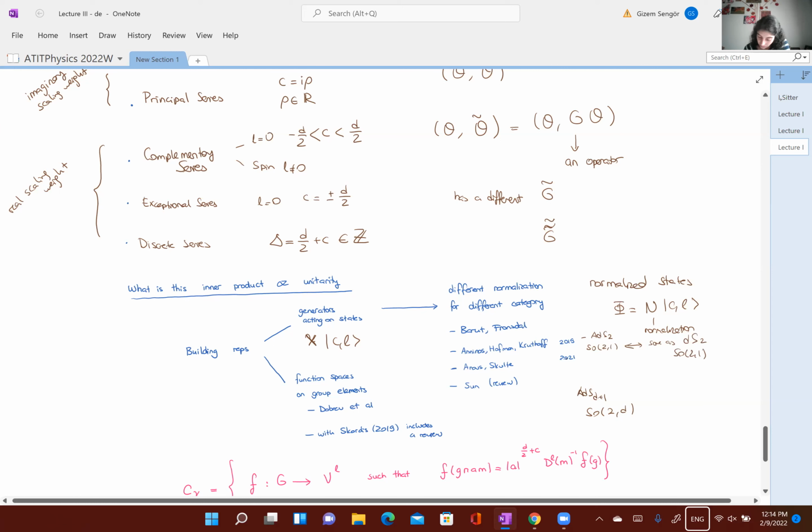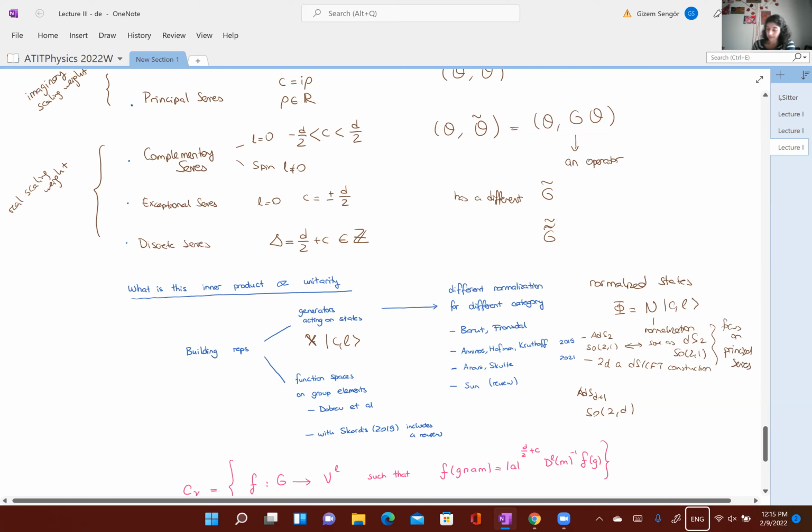This work by Anous and Skulte is also a two-dimensional conformal field theory construction. Both of these references focus on principal series representations.